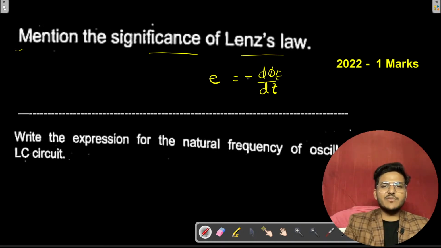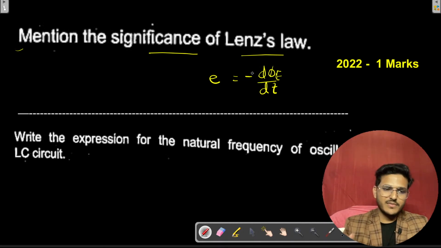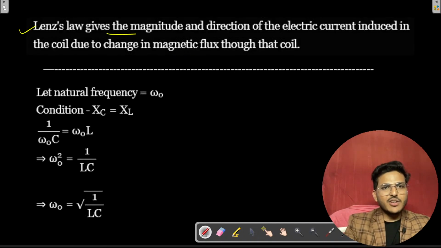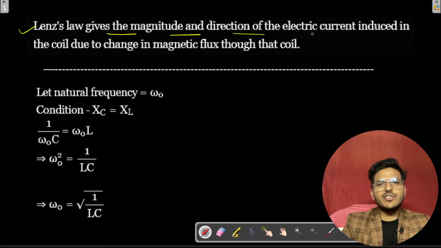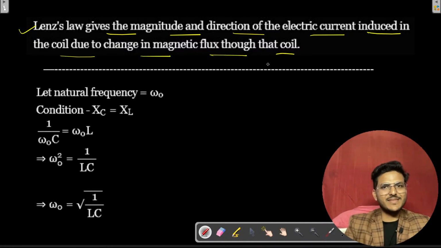And this negative sign means it opposes the cause. Lenz law gives the magnitude and direction of the electric current induced in the coil due to a change in magnetic flux through that coil.